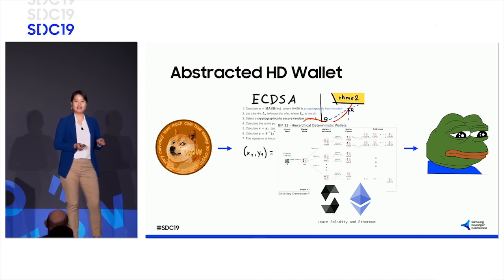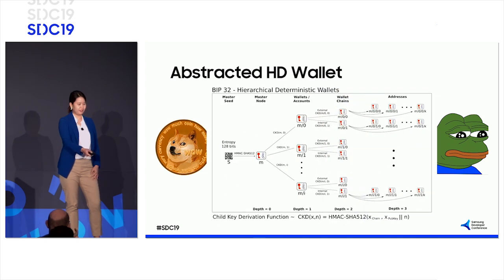Actually, there is a picture to describe the essence of the algorithm to make an account in the blockchain system. This one shows BIP32, hierarchical deterministic wallets.